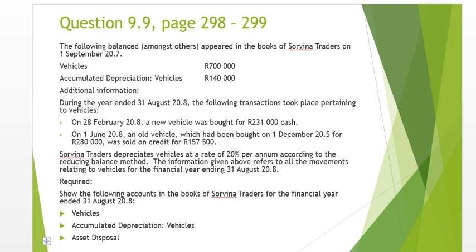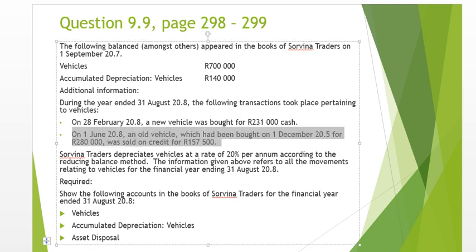Then on the 1st of June 2008, an old vehicle which had been bought on the 1st of December 2005 for 280,000 Rand was sold on credit for 157,500.